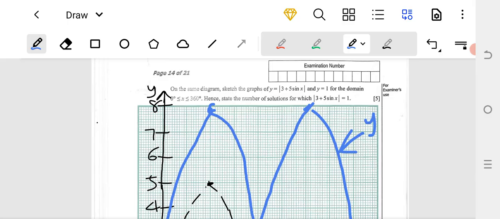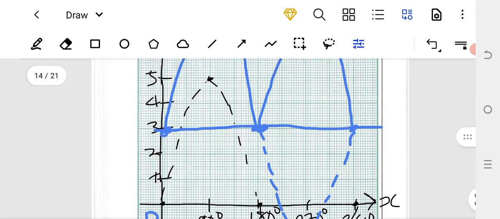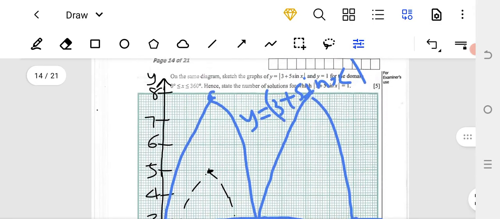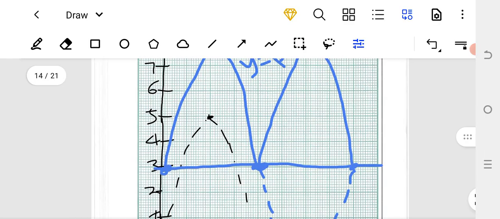So in an exam, you don't just do that, you need to name your functions. So y, okay, there won't be enough space here, so I'll name it from here. I will say y is equal to 3 plus 5 sine x, then we'll put the modulus like that. So you are done with sketching, but they also said you also sketch y is equal to 1.